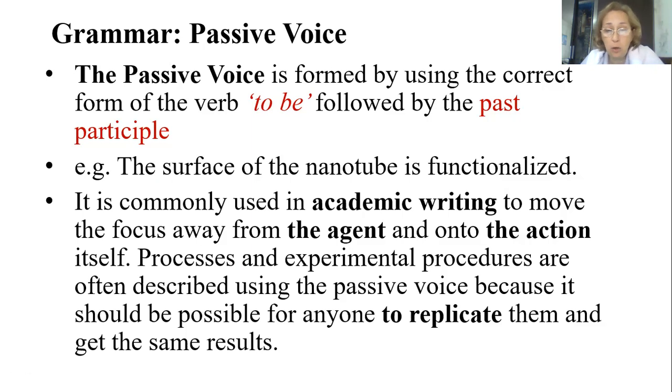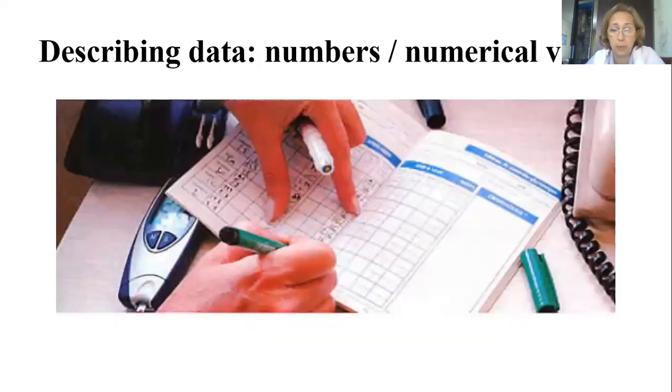So in your description, you should also use the passive voice, and think about which form to use: the present, if it is general information, or the past, if you describe some specific case which was made by you in the process or experiment.